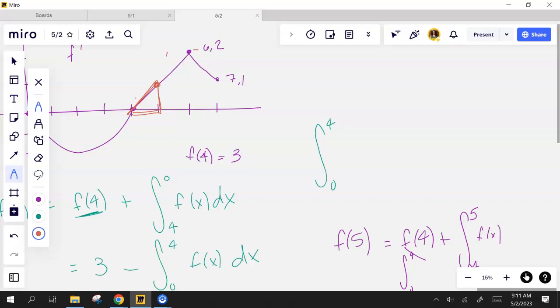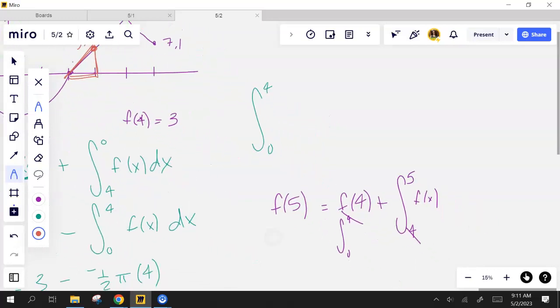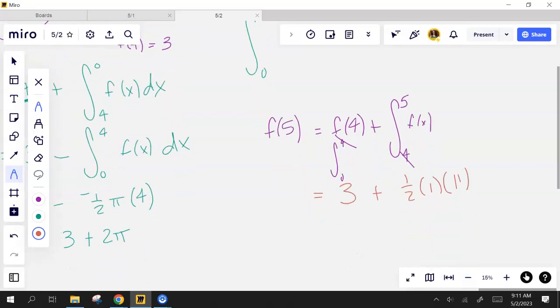This means this point is just (5, 1). So height of 1 and base of 1. So f of 4 was 3, plus 1/2 times 1 times 1. That's 3.5, or 7 over 2, any of those work here.